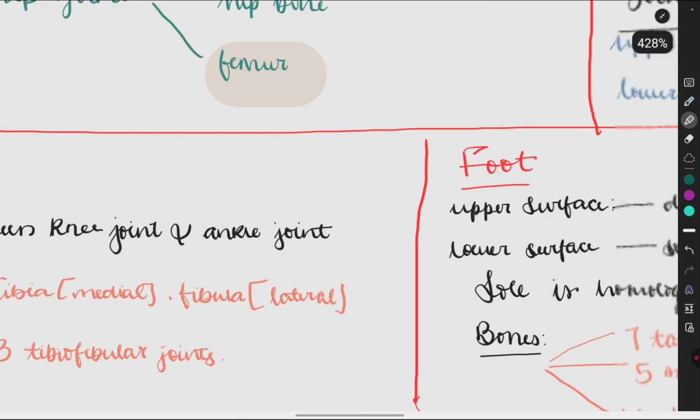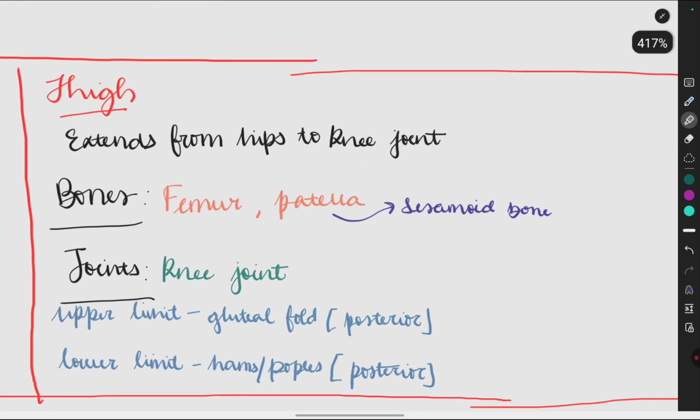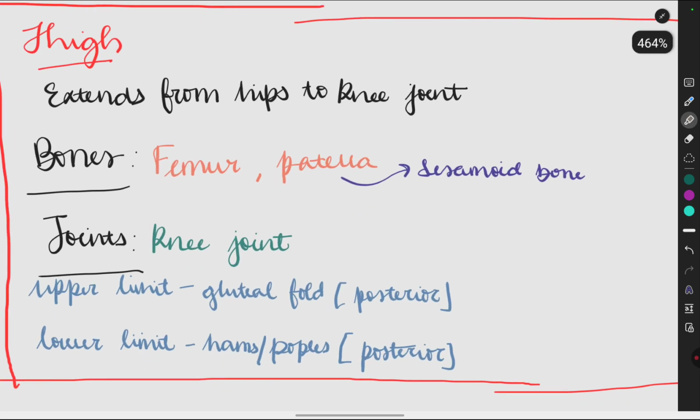Now we're going to talk about the thigh. The thigh extends from the hip to the knee joint. It is the portion that lies between the hip and the knee joint. The bones the thigh contains are the femur bone and the patella. The patella is a sesamoid bone, and it is the largest sesamoid bone in the human body.